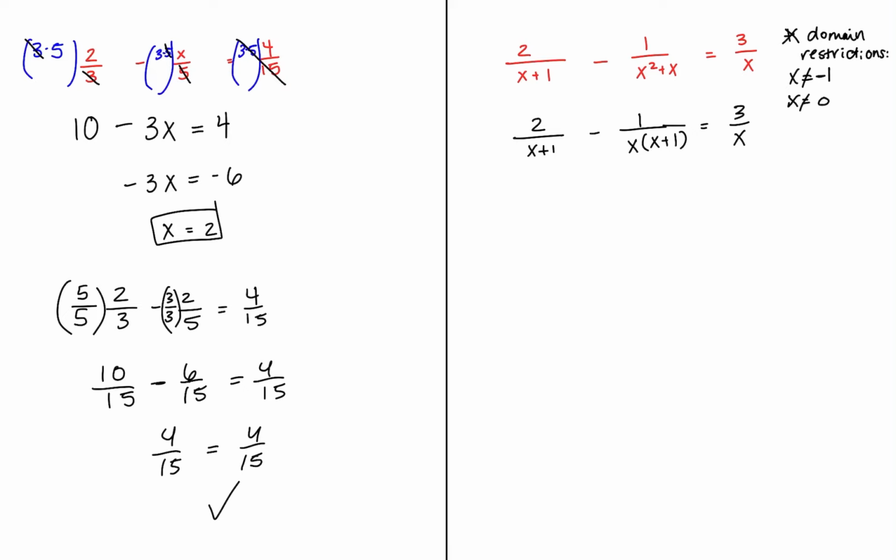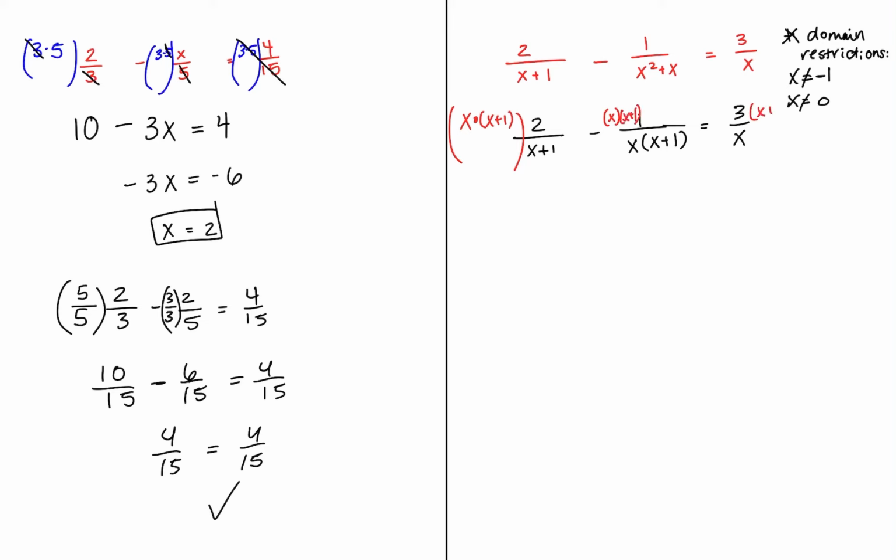Now I'm moving on to the next step, where I'm multiplying through by the largest common denominator of all terms. That would be x times x plus 1. So I'm going to multiply all my terms by x times x plus 1, up here and over here.